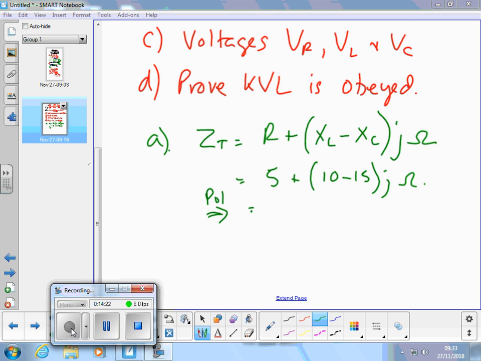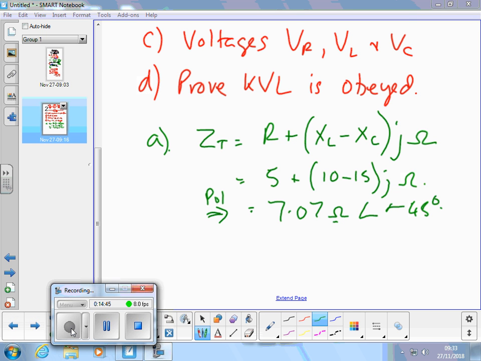What do we get? 7.07 ohms, minus 45 degrees. Incidentally, you will lose marks in the exam if you miss the units out in the correct place, and if the angle's in degrees, you leave the degrees symbol on.